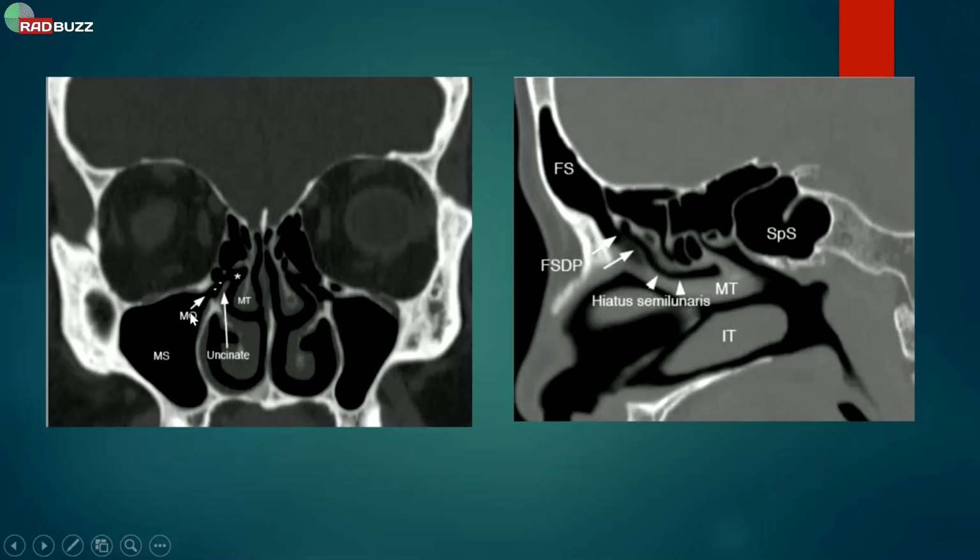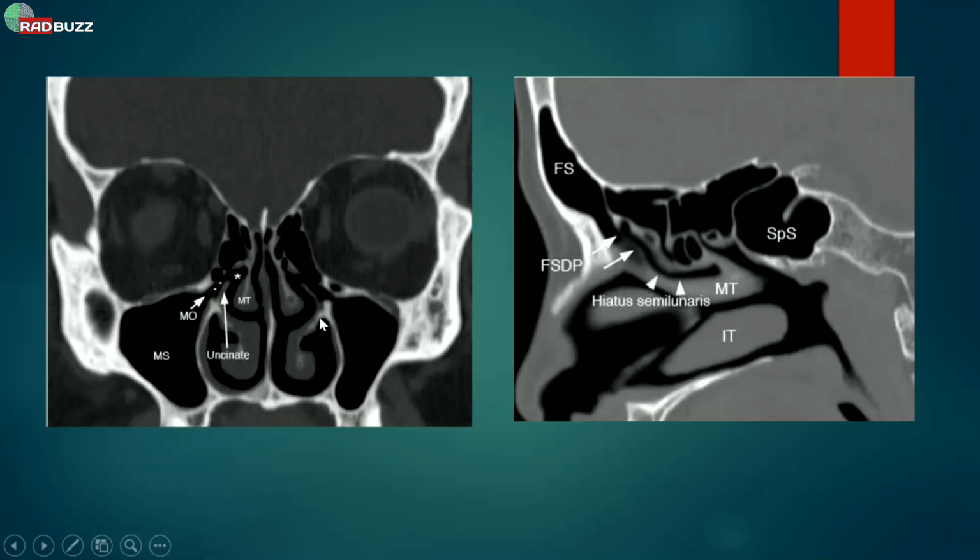Now that's the pathway, the outflow tract of this one. You can see from this side, I think the labeling is hindering a little bit. Now this path, this one, is the infundibulum, the area from where the maxillary sinus is going to drain. So the ostium, this is the opening, the ostium of the maxillary sinus. That's the infundibulum.